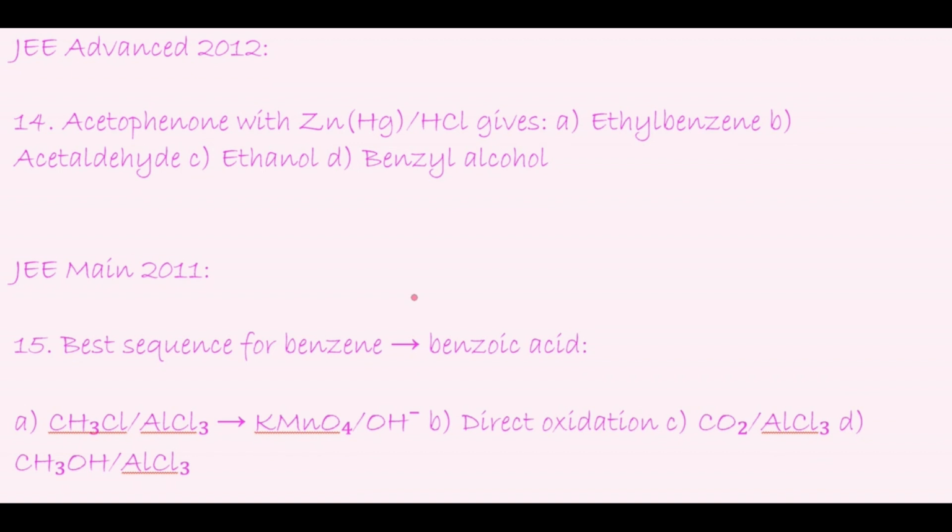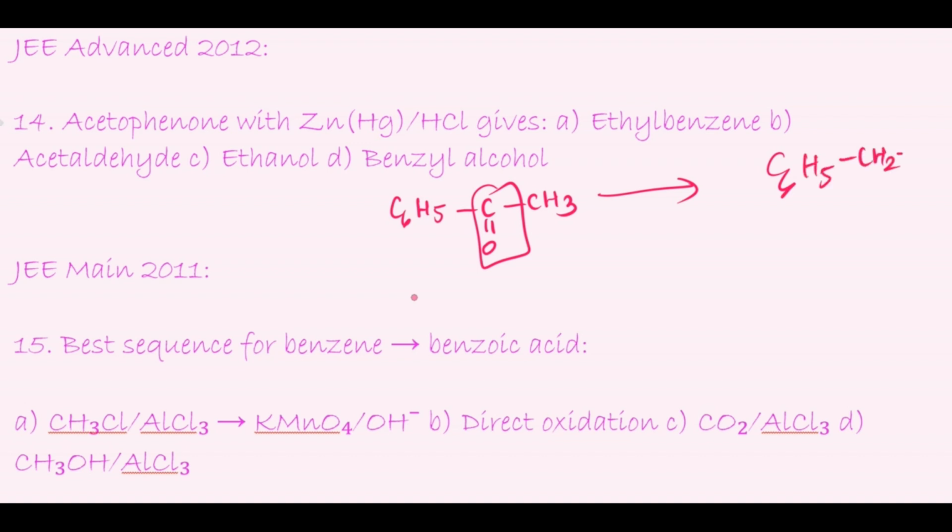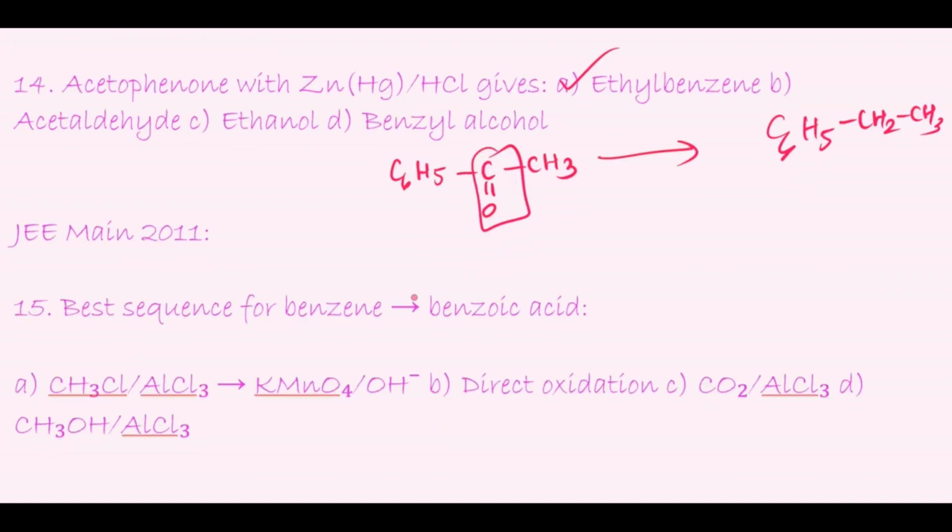Then acetophenone with zinc amalgam and HCl gives, Clemmensen reduction, just instead of C=O, just put CH2. What is the name of the product? Ethyl benzene, acetaldehyde, ethanol, benzyl alcohol. What is that? That is ethyl benzene.